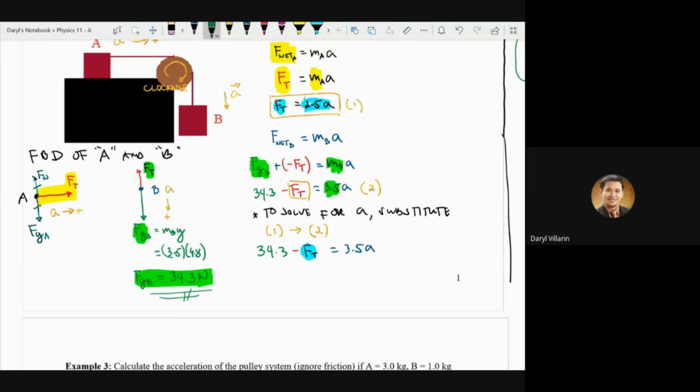So I have 34.3 minus, substituting the expression, 2.5a, and then equal to 3.5a. Again, what I did here is just substituting my equation number 1 into my equation number 2. So that would be that.